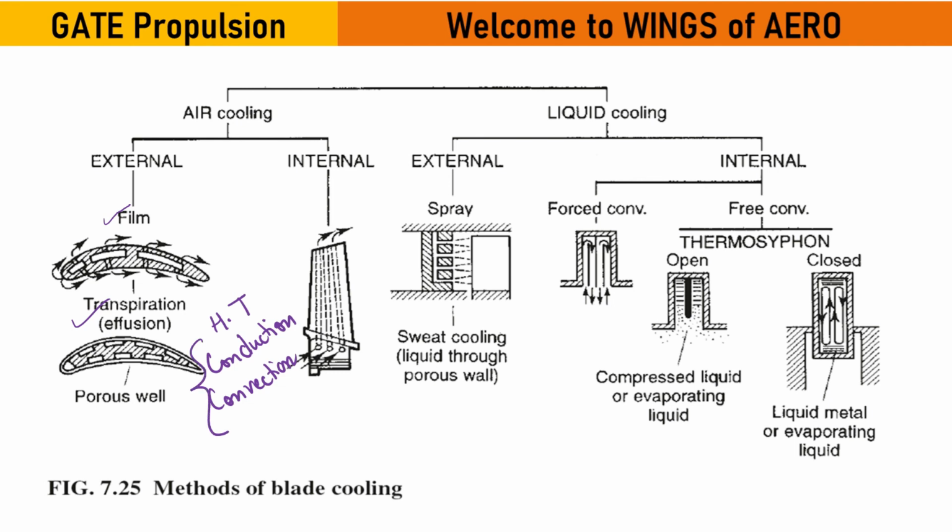This is theoretical, so I'm not going much deep into it, just know the procedures. They can ask you to find the odd one out: which one relates to the external cooling process of the blade, which is an internal cooling process, which one is efficient, and how they are done. Some kind of mechanisms to follow.